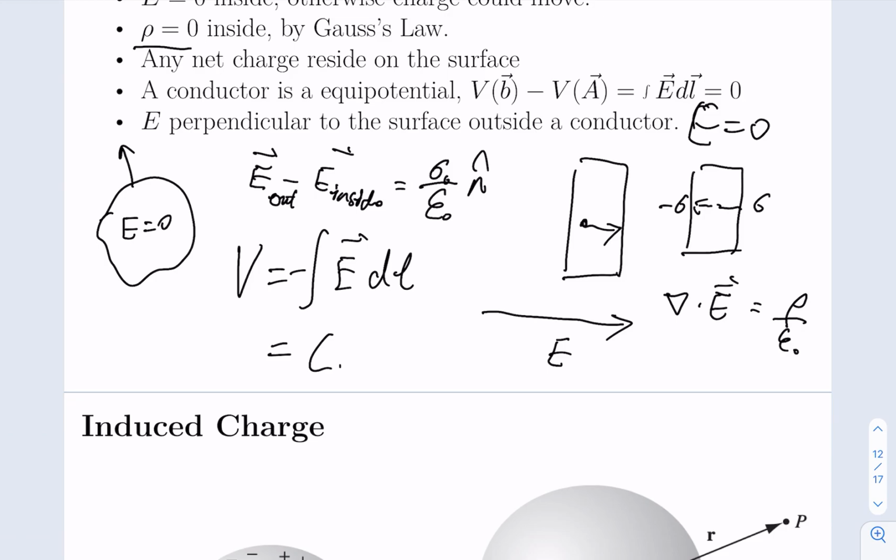I'm not sure if I missed a minus sign or not, but because the E inside is 0, this means that E outside must be perpendicular to the surface. So no matter how strange the shape, it's always perpendicular to the conductor.